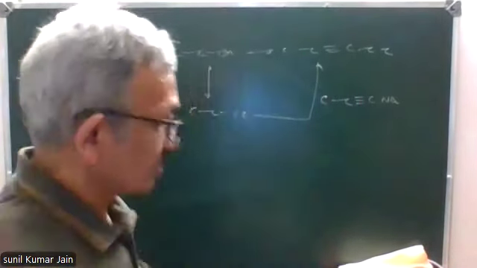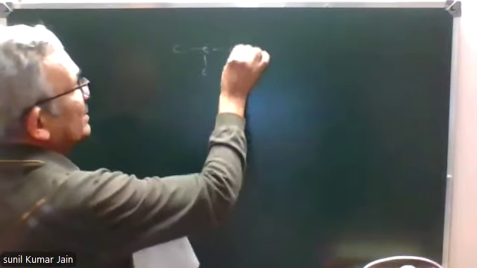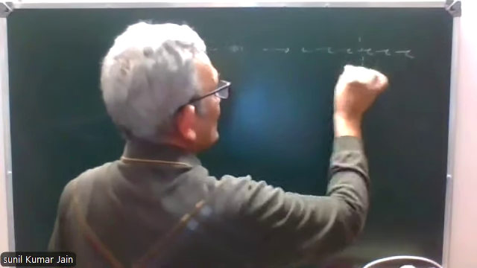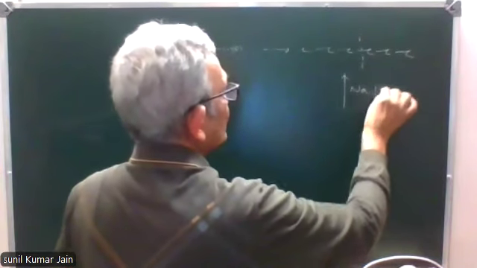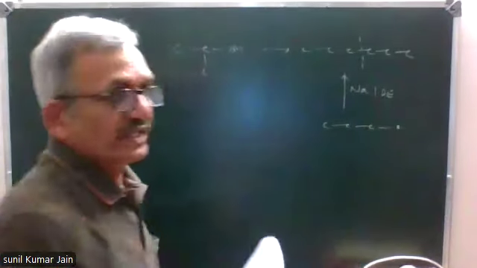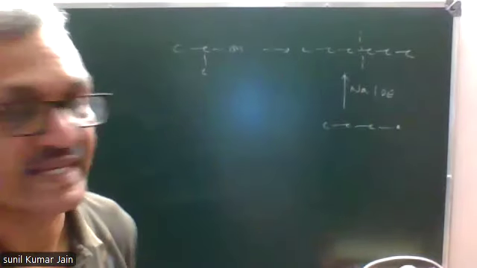Isopropyl alcohol into normal hexane. If we have 1-halopropane, Wurtz reaction will give hexane.